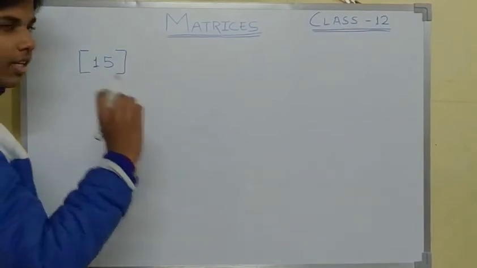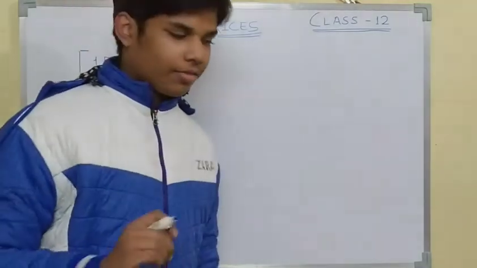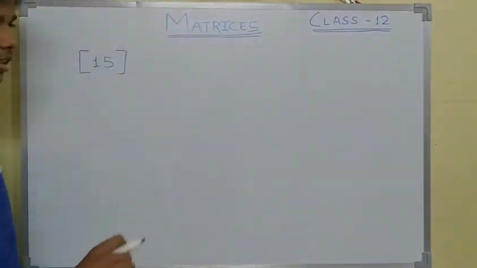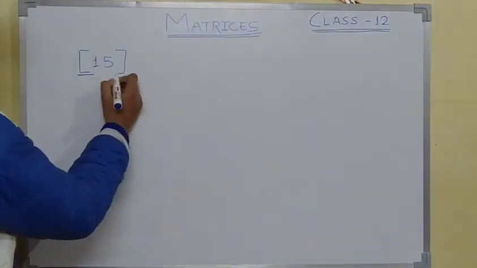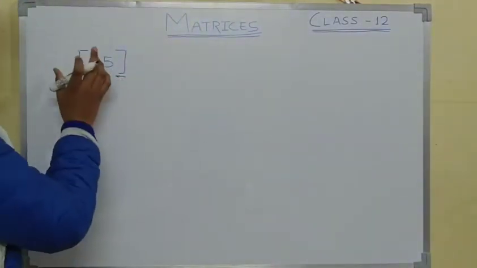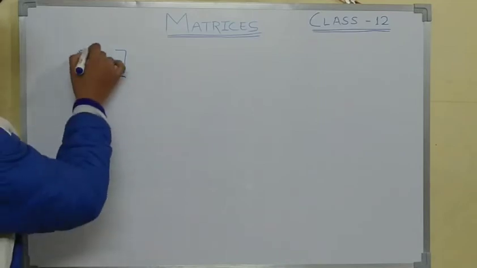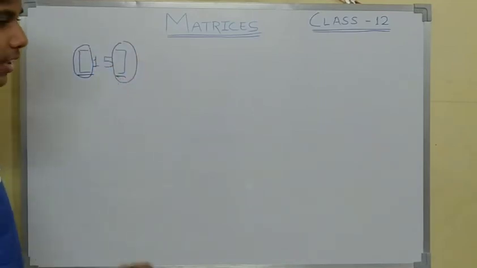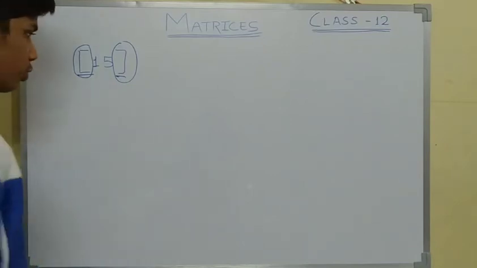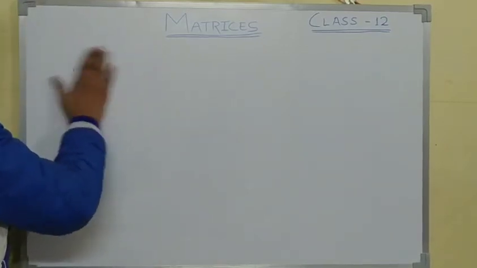Here 15 is the number of notebooks Radha has. This square bracket is the symbol of a matrix. A matrix is represented with square brackets.